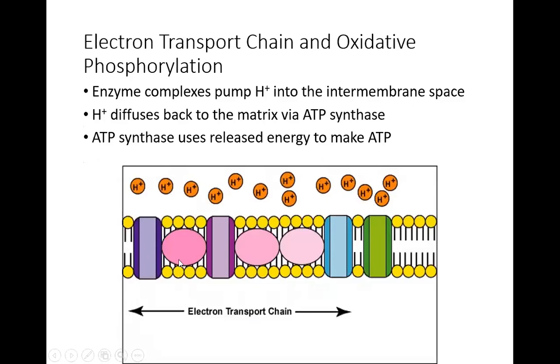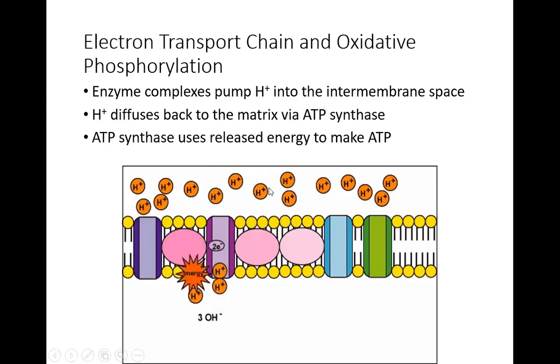It looks something like this. Here's our electron transport chain. Here comes NADH carrying electrons and hydrogens. The hydrogens get pumped across using the electrons as power. It maintains a high level of hydrogens here. The electrons are passed to the second part of the chain here. And these hydrogens will eventually come back through the ATP synthase.